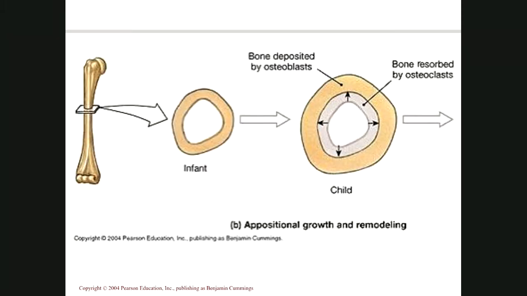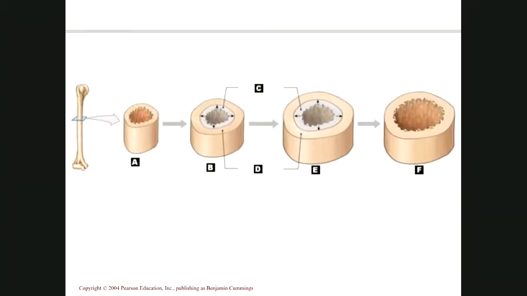So if you look at an infant's bones versus a child's bone, look what happened. The outside got bigger, but so did the hole. The hole got bigger too. Until eventually when you reach adulthood, we went from a hole this size, a medullary canal, to a medullary canal this size. We went from a collar this size to a collar this size.